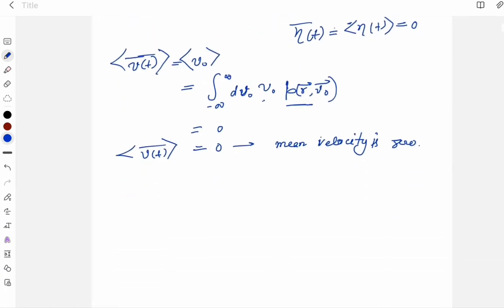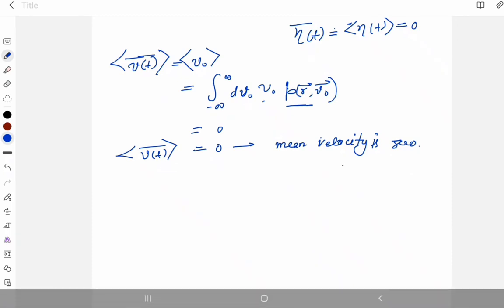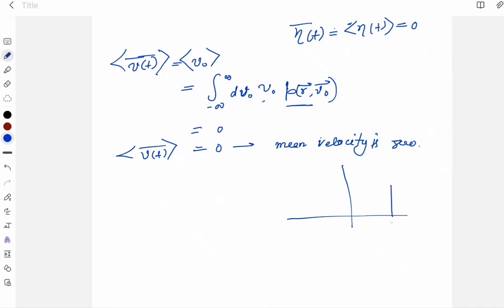Now let us do the mean square velocity, because if the mean velocity is 0, one has to rely on the mean square velocity for the order of magnitude. Again, for this case also, we have started with a delta function. At t equal to 0, the particle velocity is v equal to v naught, and then we are looking at the distribution function or moments of the random variable, which is velocity here.